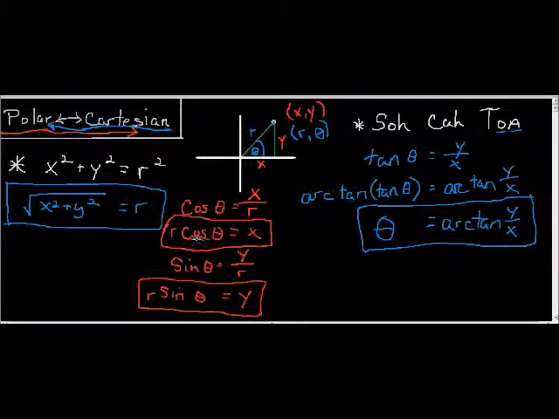So that should be something that we could just keep in the back of our minds. And at the same token, our y coordinate is found by taking the sine of theta times r, of course. And isn't sine something that we always associate with y? Well, yes, it is. So this all kind of fits together.